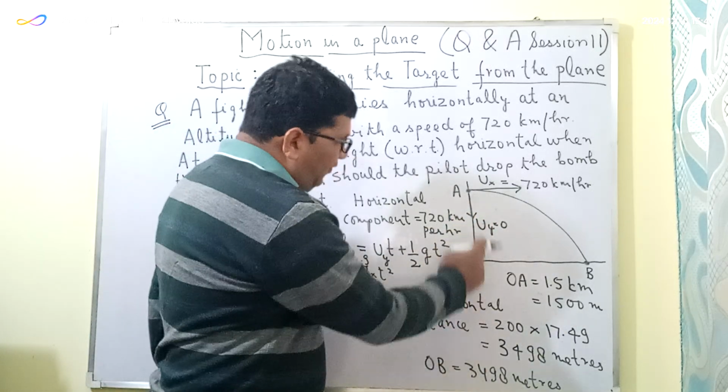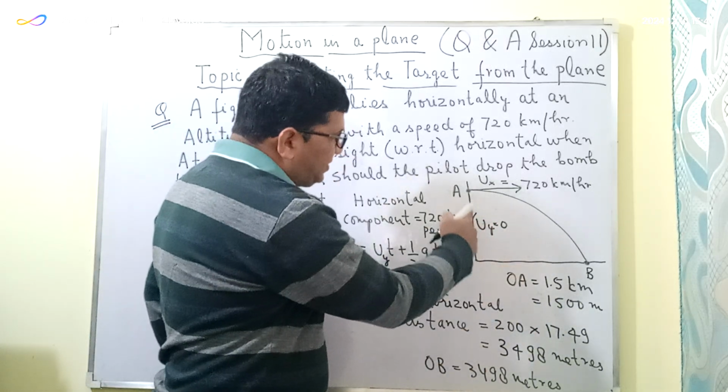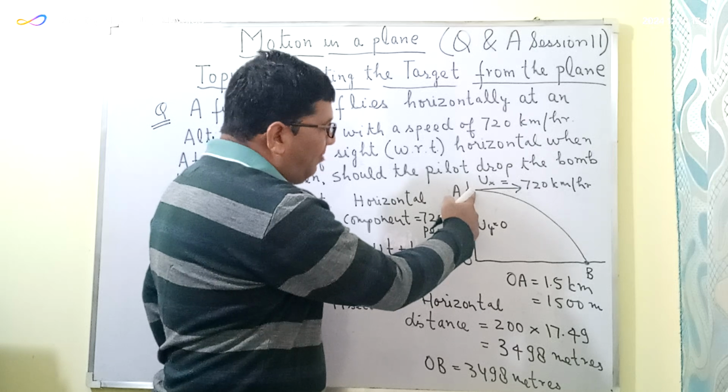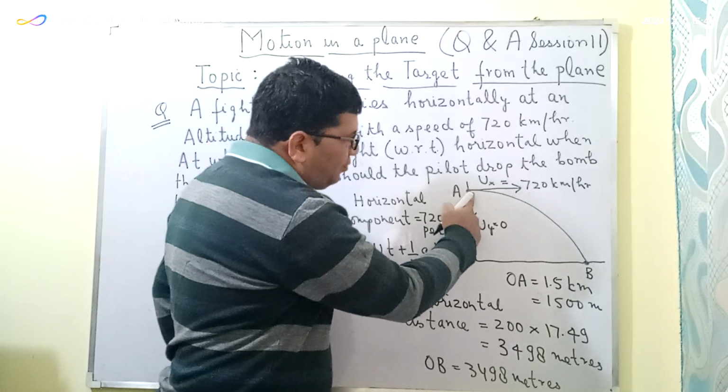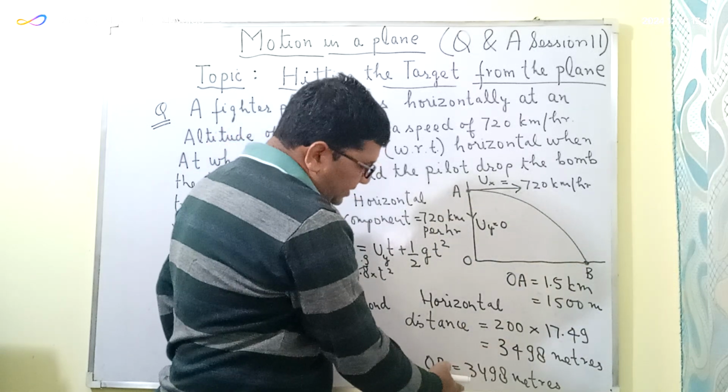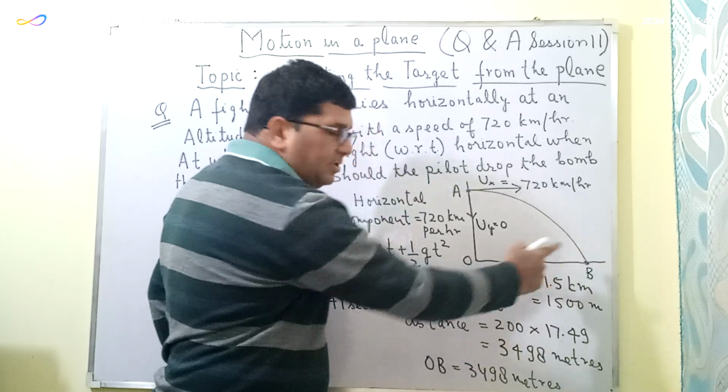So if I am dropping the bomb from the point A, then this bomb will hit the target at a distance of 3498 meters on the ground.